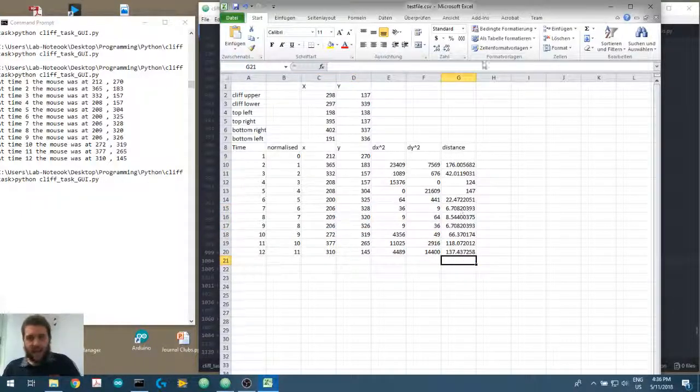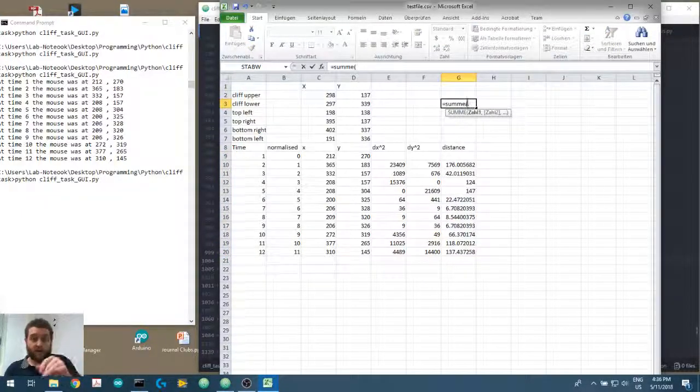So how do we get the total distance travelled? Well, we just add up all the distances for each of the time points. So equals sum. Now I'm writing this in German, so you would have to calculate your own sum if you're using English or another language. So we need the sum of all of these values here.